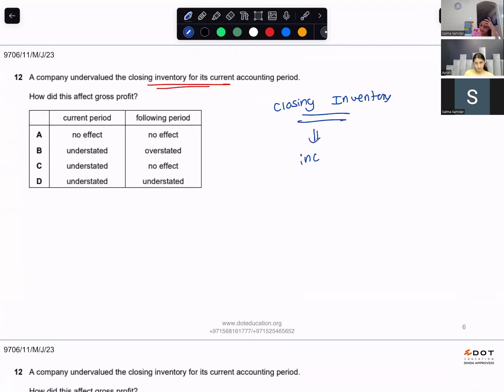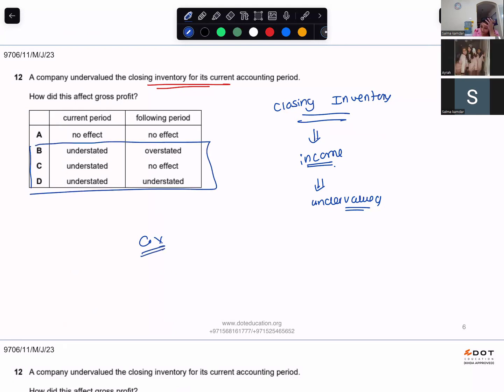If it is treated as income, so you have undervalued income. So gross profit will be understated for the current year.